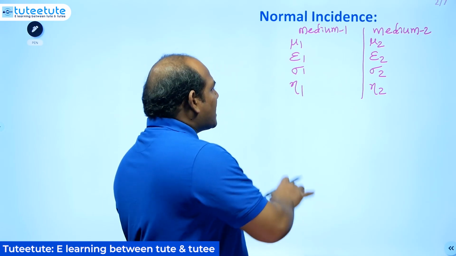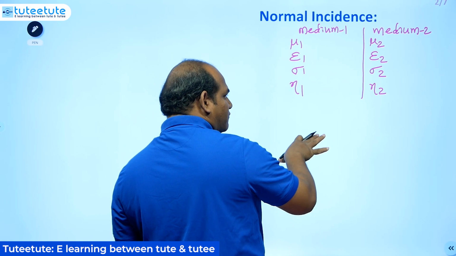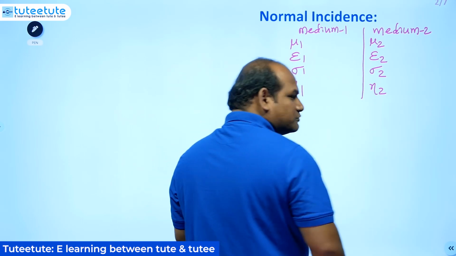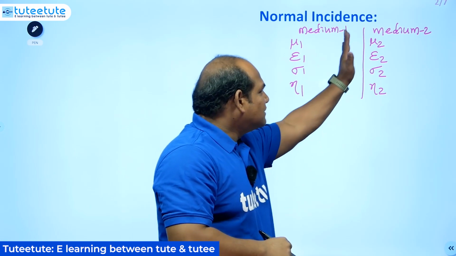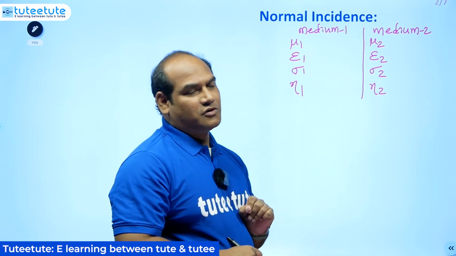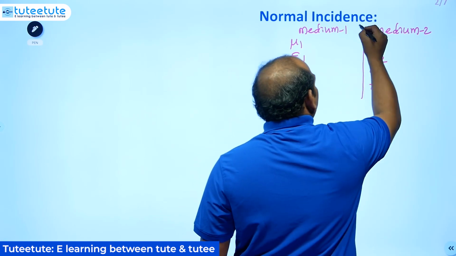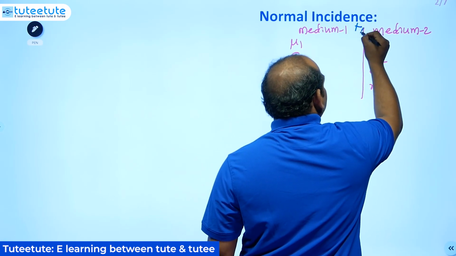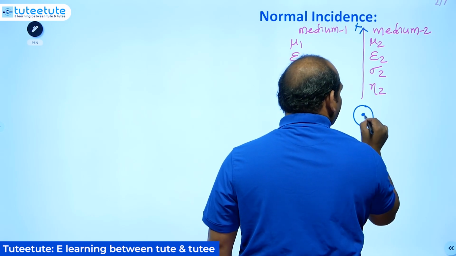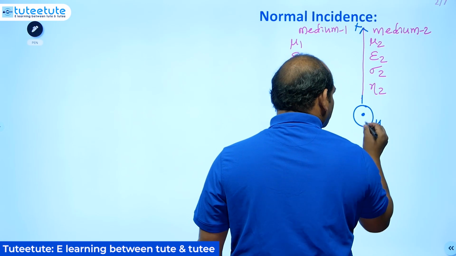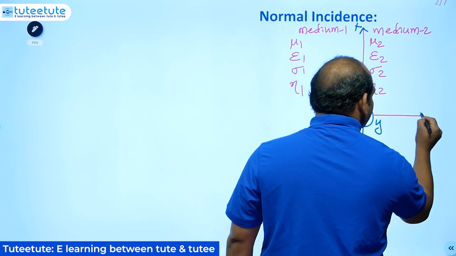Here we are making an electromagnetic wave incident from medium 1 to medium 2. That means the wave is incident on this particular interface. This is the plane, and that plane we will take as the XY plane. So this is the x-axis and the y-axis is coming out of the screen, and this is the z-axis.